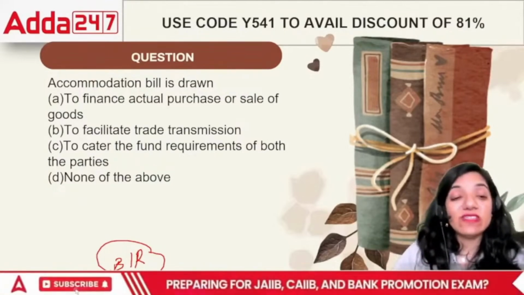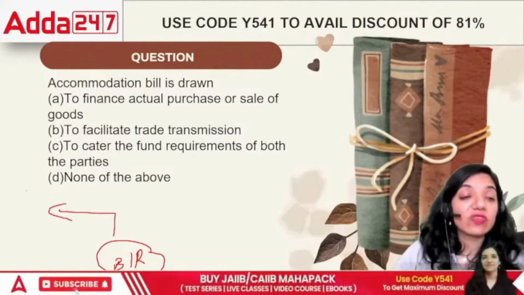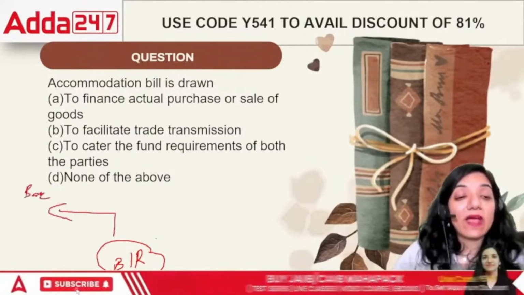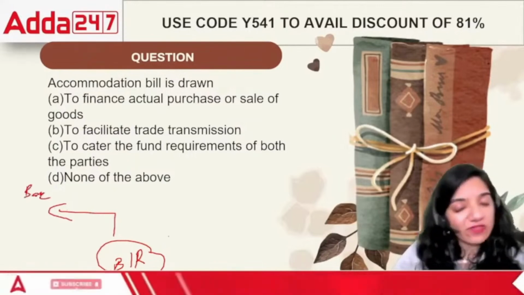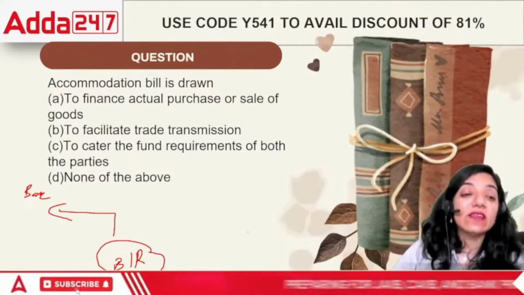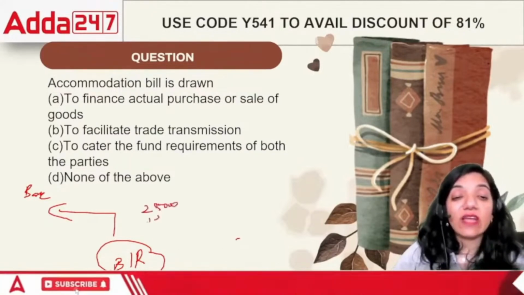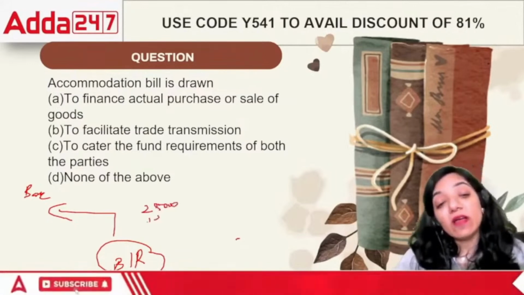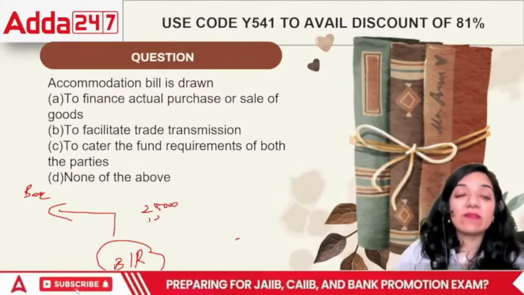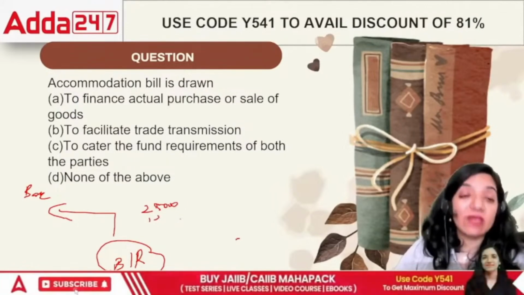So what we do is we sell this BR or bill of exchange to the bank. Now the bank will give us a little less. If the value of that particular bill is 3 lakh, then they will give us maybe 2 lakh 95,000. So this 2 lakh 95 would be divided among the two people, that means the person who issued the bill and the person who got the bill, right?